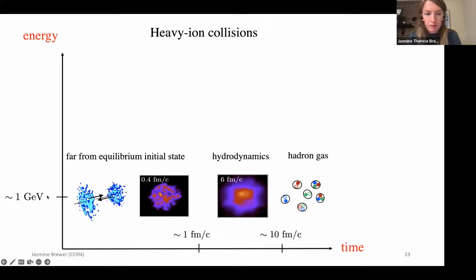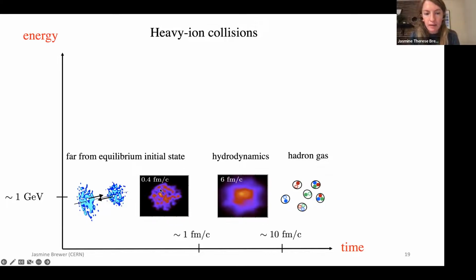So on relatively low scales, around, say, 1 GeV as an example, you can think of the collision of nuclei as like a collision of two pancakes of very high energy density, which deposits enormous amounts of energy density in a lumpy way at the point of the collision. And so right after the collision, the system is super far from equilibrium. You just have lumps of stuff all over the place.